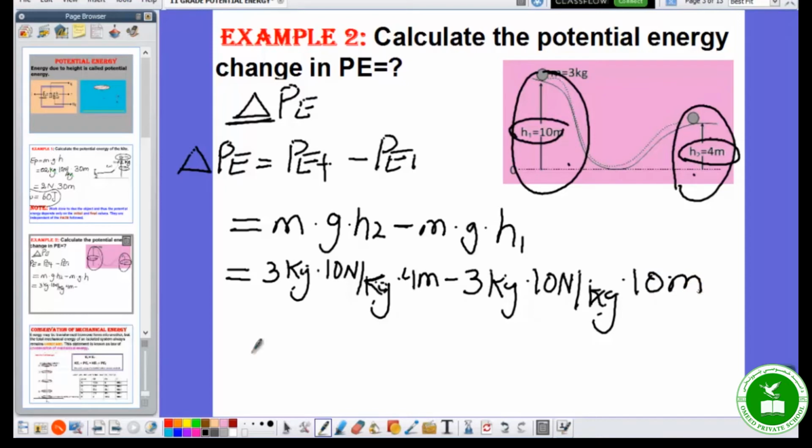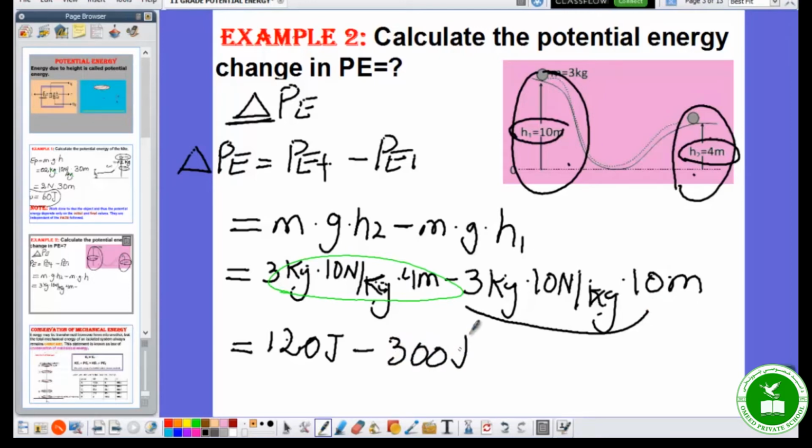From here, this part becomes how much? Kilogram cancels, 3 times 10 is 30, 30 times 4 is 120 joules, minus this part. Kilogram cancels, 3 times 10 is 30, 30 times 10 is 300 joules.